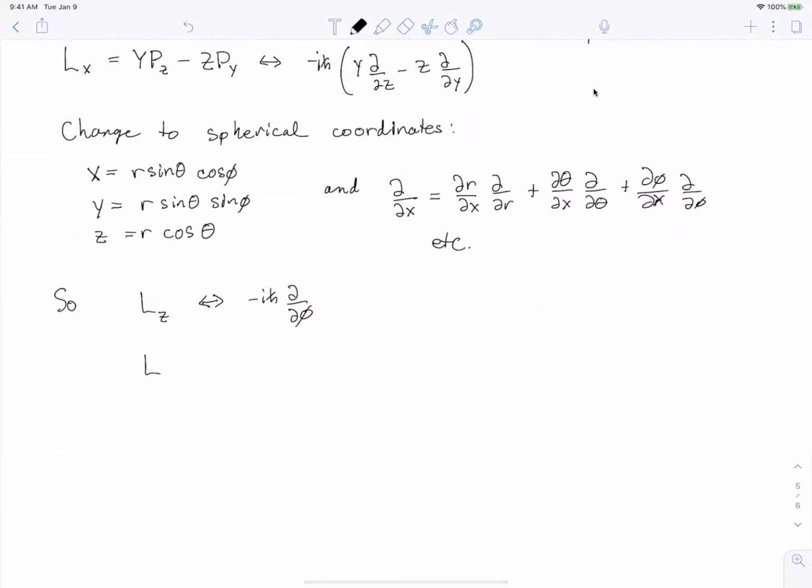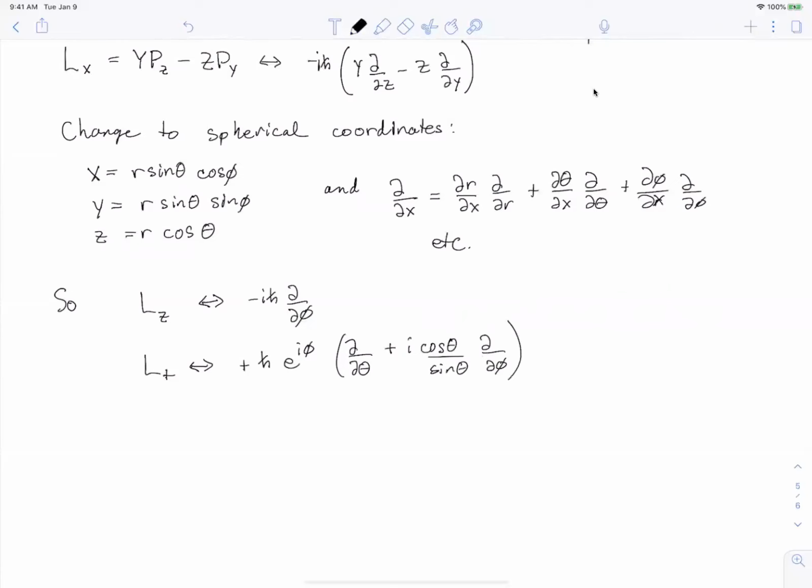Okay, and L plus is represented by plus h bar e to the i phi times partial theta plus i cosine theta over sine theta partial phi. I'm resisting the temptation to write cotangent theta.